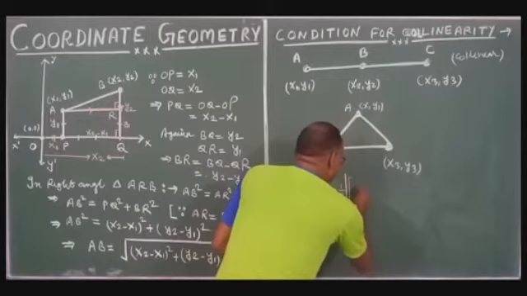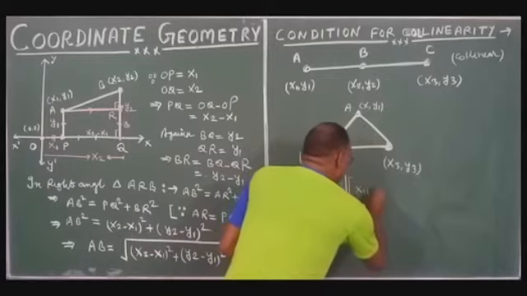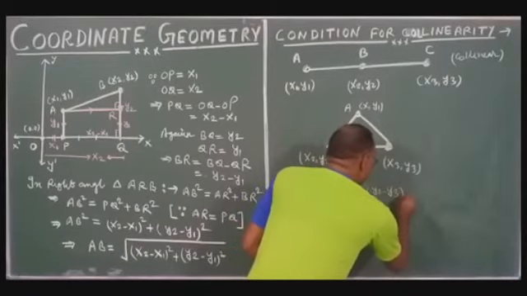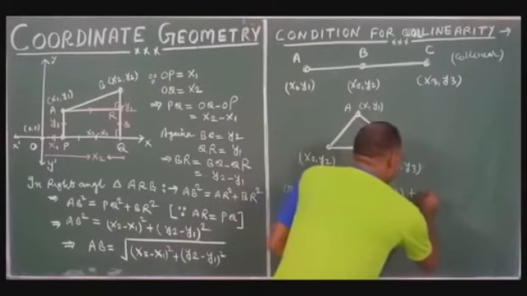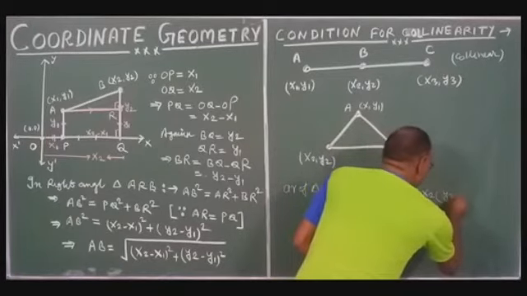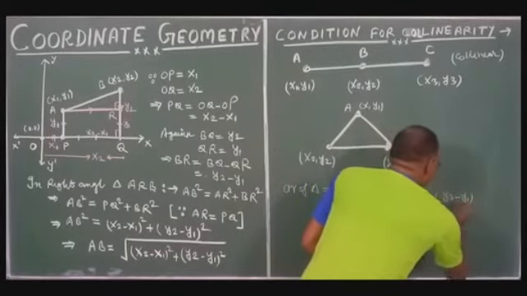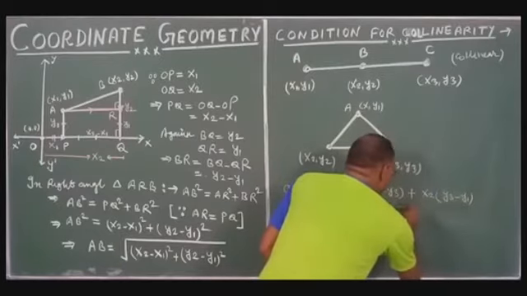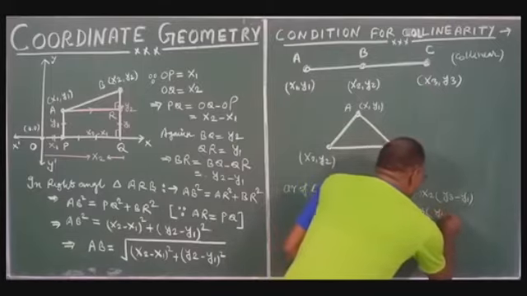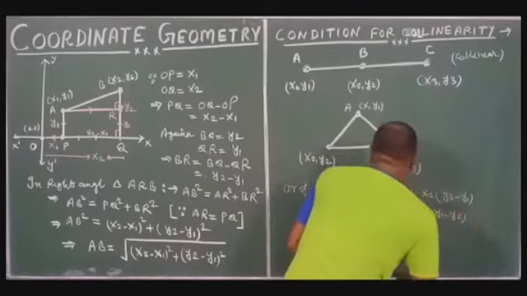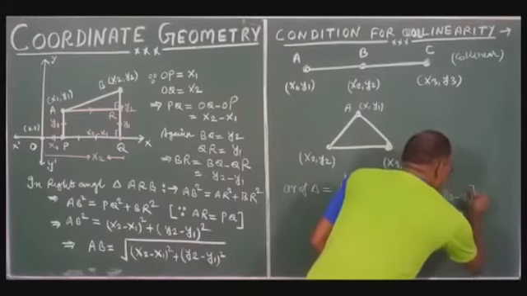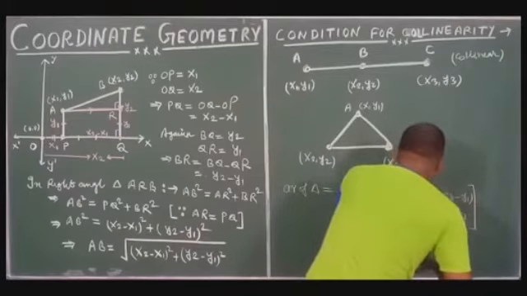First you will write x1 in bracket y2 minus y3, plus x2 in bracket y3 minus y1, plus x3 in bracket y1 minus y2. This is the formula for the area of a triangle.